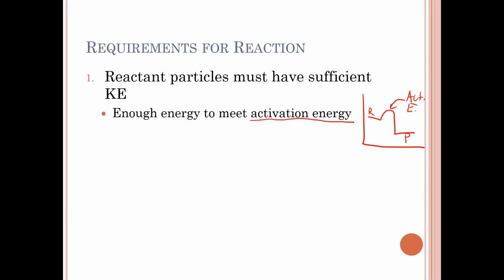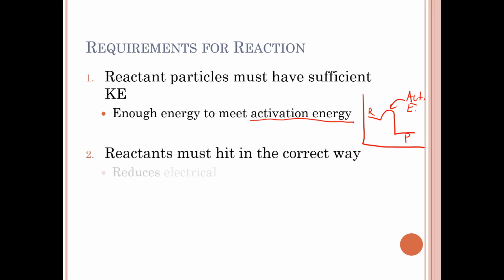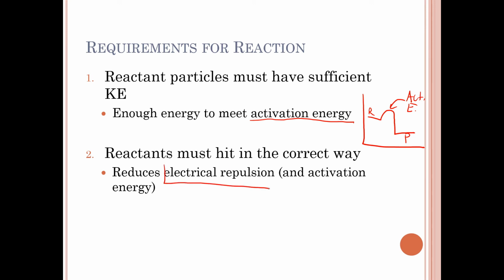Now, to help us along, proper orientation of the molecules can help reduce the activation energy. So if my molecules are arranged properly, I can reduce the electrical repulsion, and that's key.